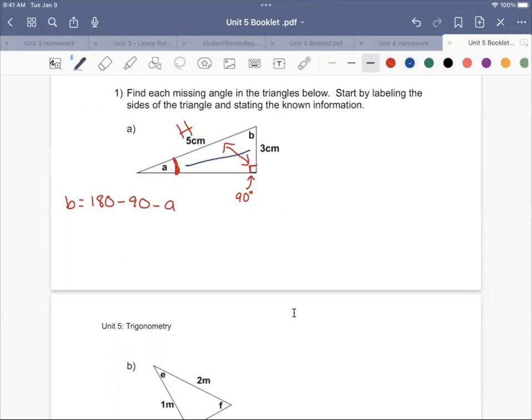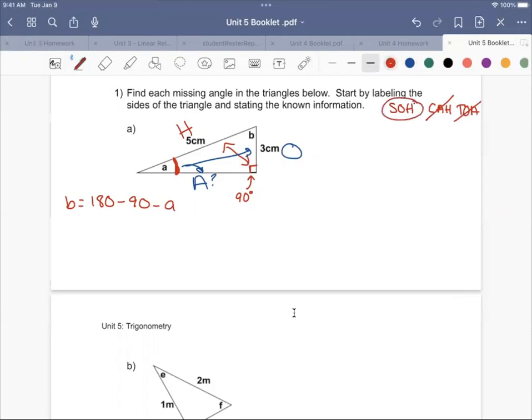So if I take a look, the one opposite of that is my 3 centimeters, and the one adjacent to that is unknown. So that one's going to get a capital A. I don't know A, so if I take a look again, I can't use tan, I can't use cosine because I don't know my adjacent side.